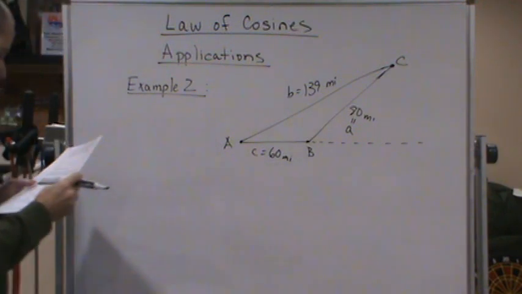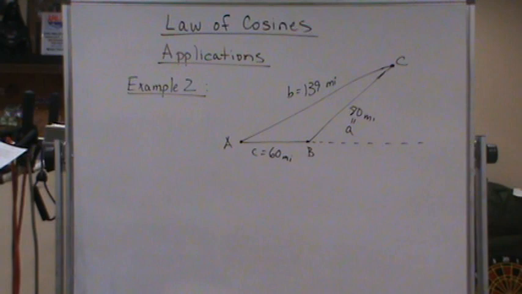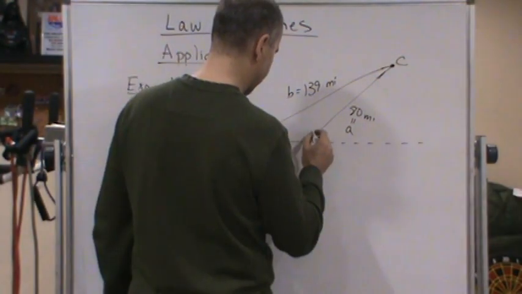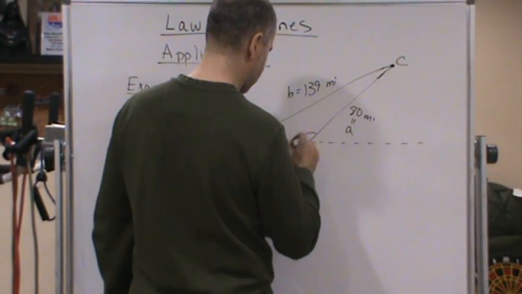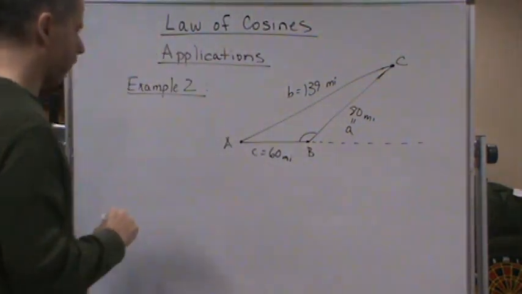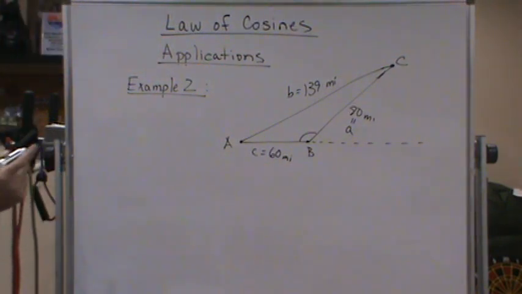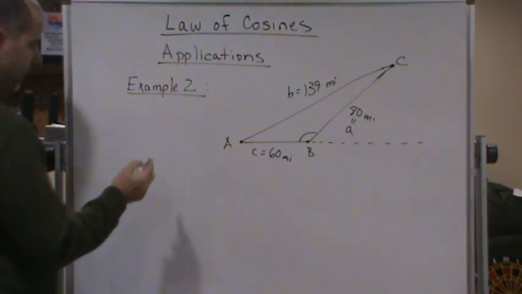And so now what we want to do is let's find angle B first, right? Let's find this angle. Okay, so we're going to use the alternate form for this.